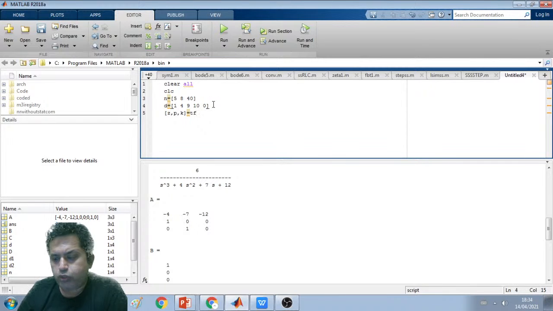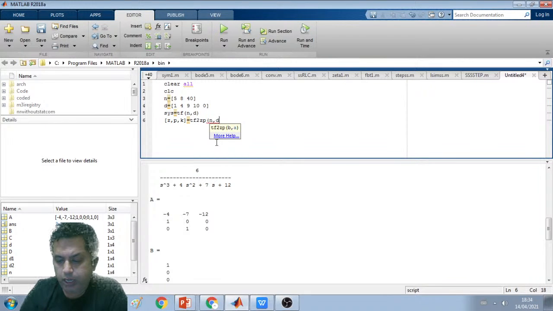You can also write down one: suppose I want a system which gives me the transfer function n, d. Then sys = tf(n, d).